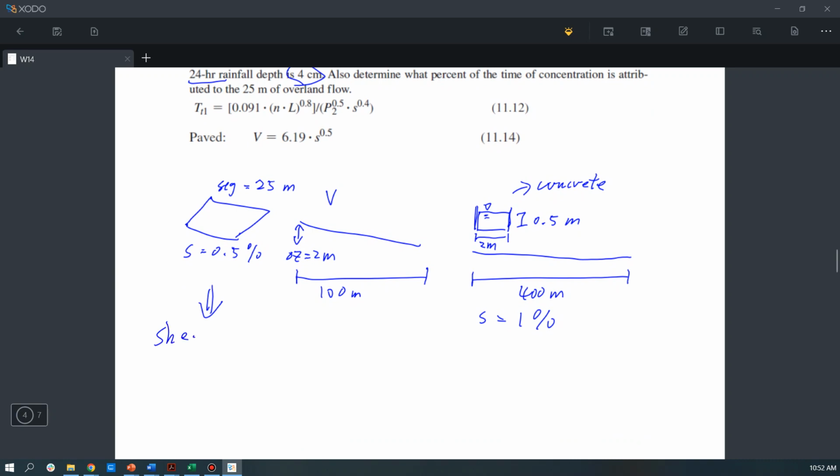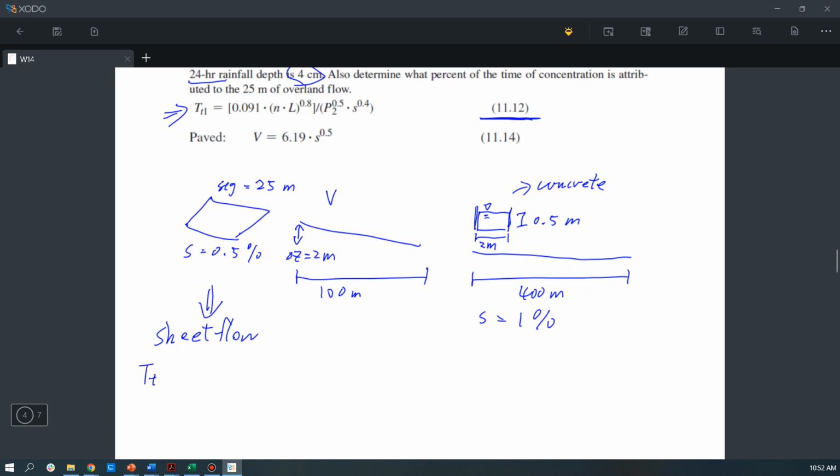essentially a sheet flow. So that means we can use equation 11.12, which I already put here, to calculate the time of concentration. So let me write that down.